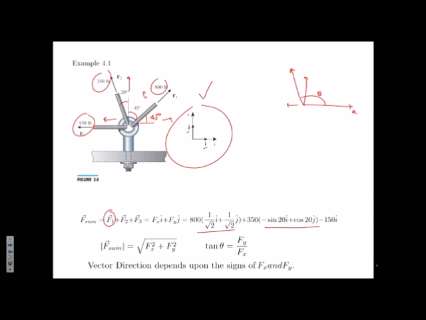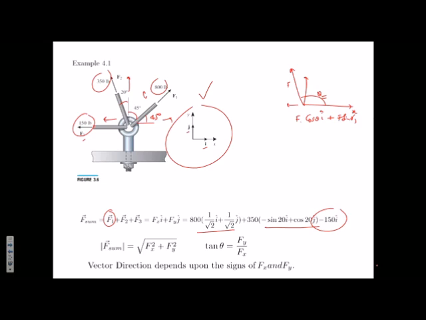All you have to do is, if this length is, let's say, F, then say F cosine theta i hat plus F sine theta j hat, and even if theta is more than 90 degree, the cosine and sine will take care of the signs. The other way is you do what we are doing over here. You look at the actual angle it is making from x and y axis and then resolve it along those directions. Finally, F3 is entirely along negative x direction, so that's minus i hat, and the length is 150.